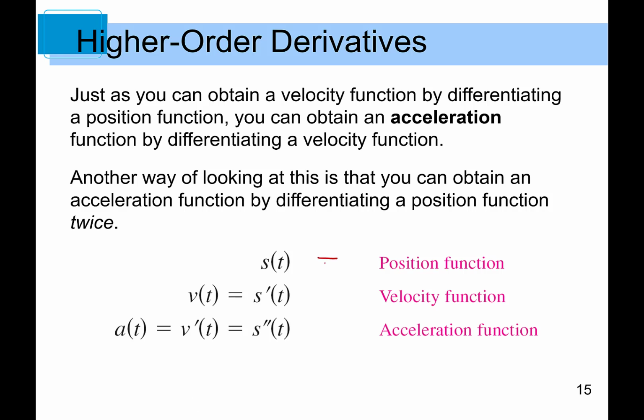So this is the position function. After taking the first derivative, you end up with a velocity function. Then after taking the second derivative of the position function, you end up with the acceleration function. So the velocity function is the first derivative of the position function, and the acceleration function is the second derivative of the position function.